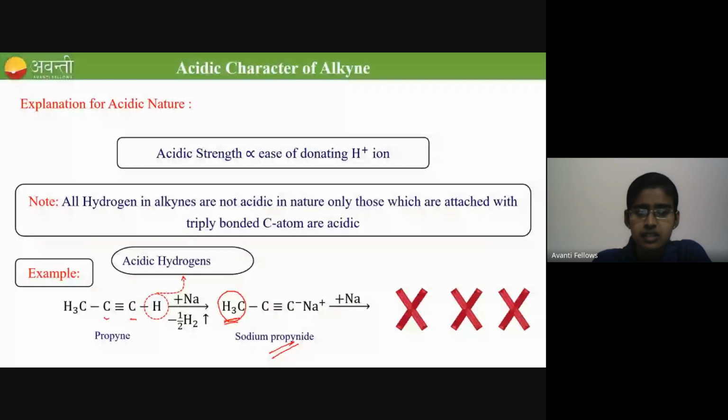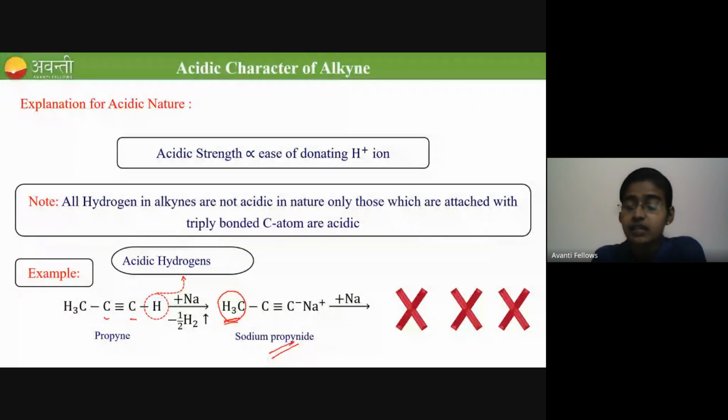When we compare ethyne and propyne, can anyone tell me which compound is more acidic? In ethyne we have two acidic hydrogens, right?